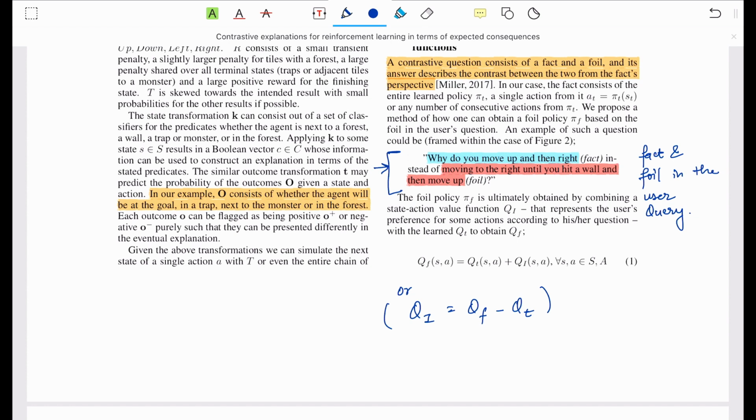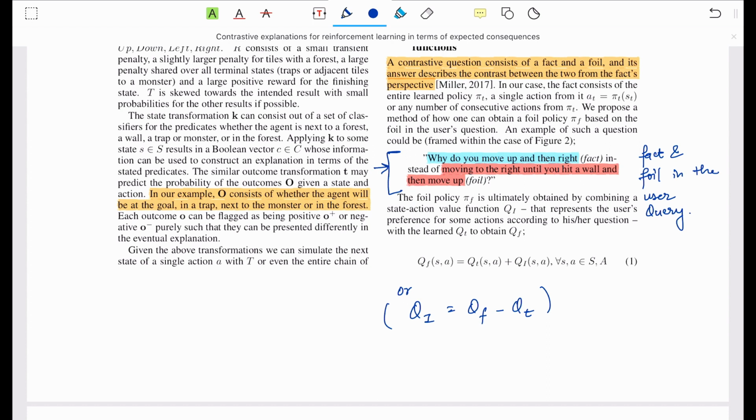Now the blue sentence therefore will be called the fact, that is what actually happened or the agent intends to do. The sentence in red would be called a foil, that is an alternate plan or an alternate partial sequence of actions, or the full plan, or maybe just one action, such that the human thinks that this foil should have been done.